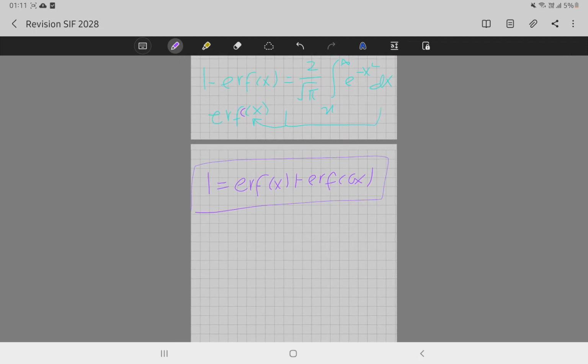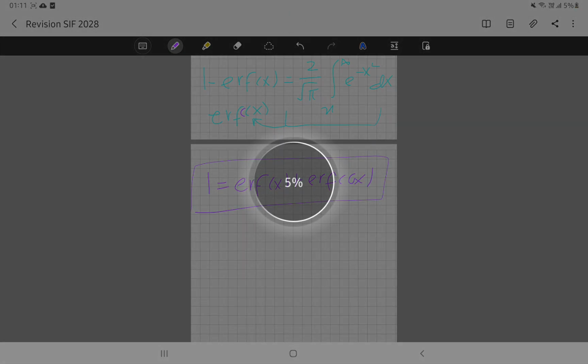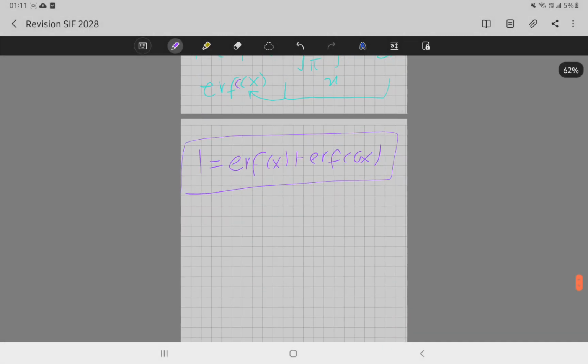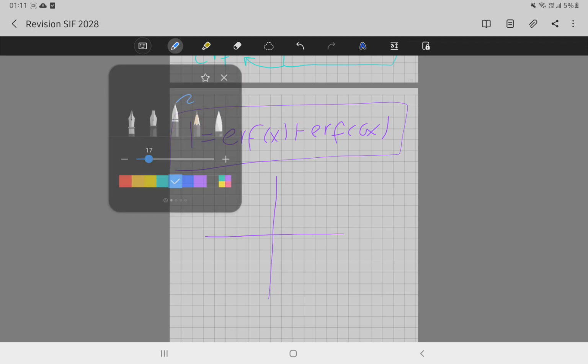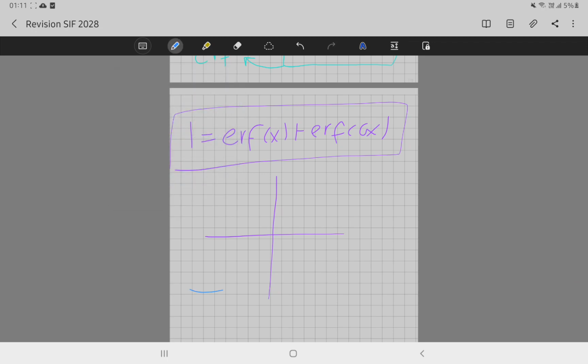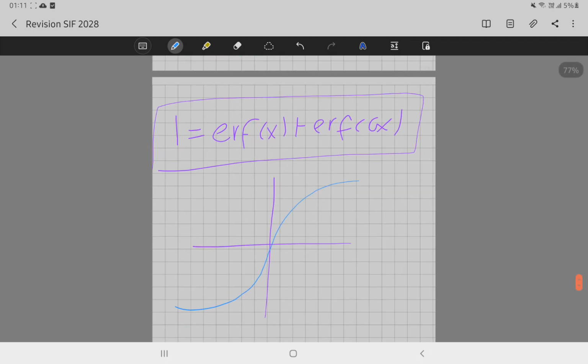So the graph for the error function is very simple. It's like this. The asymptote is at 1 and at minus 1.